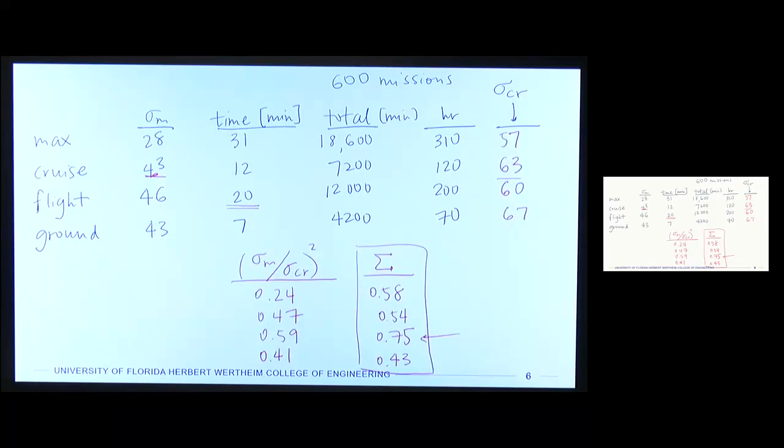So when I was doing the problem, I thought, okay, well, if I want to get up to 1, let me go to a longer mission cycle, right? So we had 600, but when we were doing the prediction, we found from the fatigue that it should be more like 900, right? So I did some iterations here, and I found that we actually have to go really high in order to get anything that approaches 1.